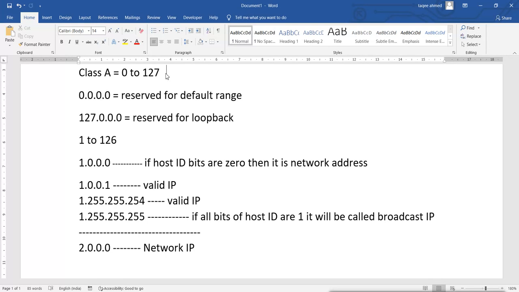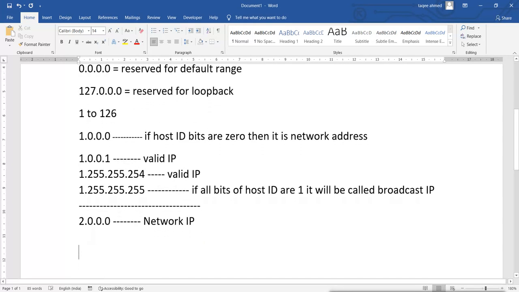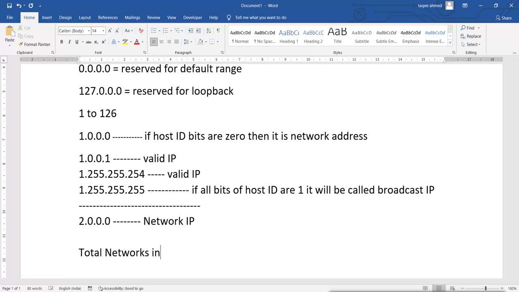Now how can we calculate it? For calculating this we have a formula. Total networks in class A: the formula is simple, everything is raised to 2 here in digital.